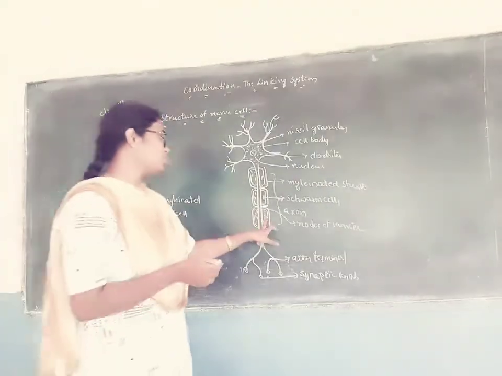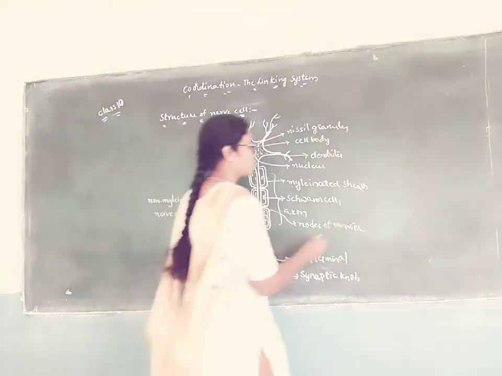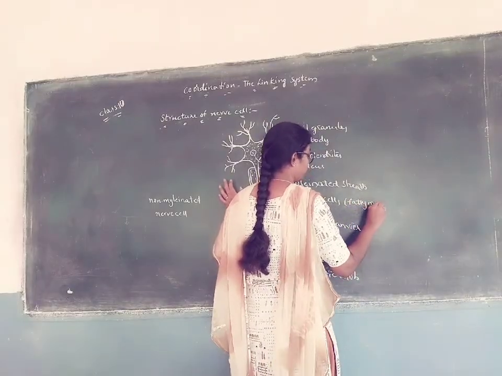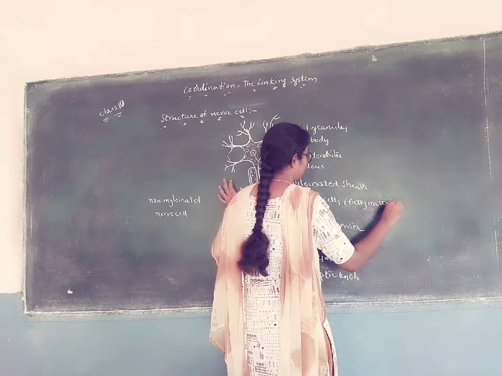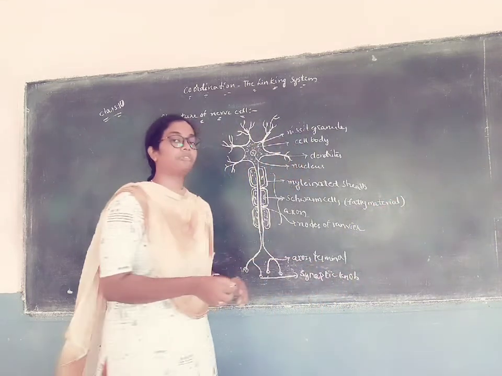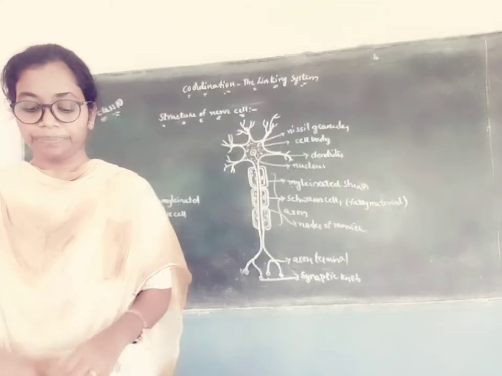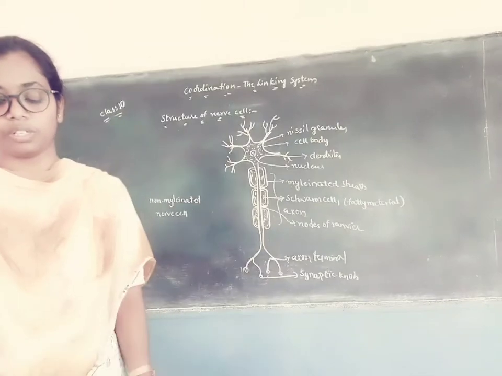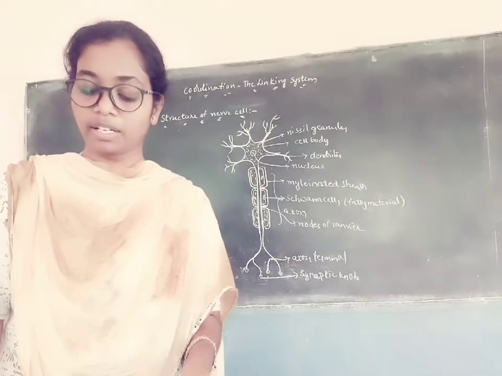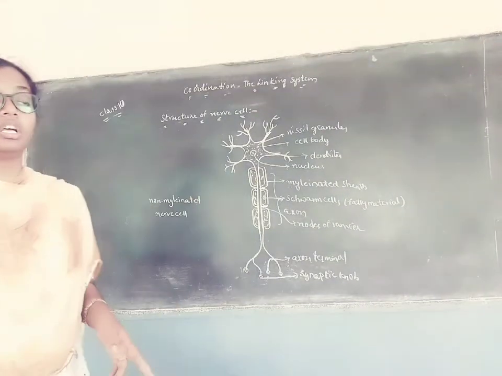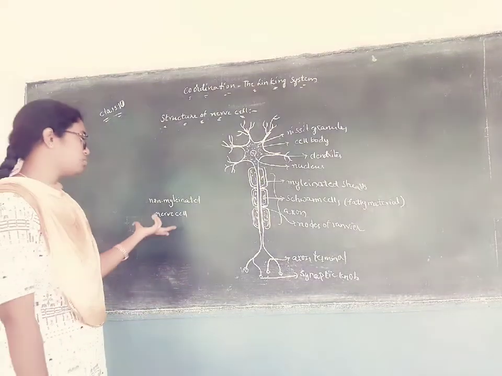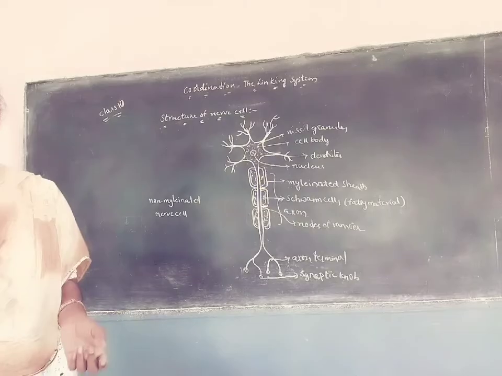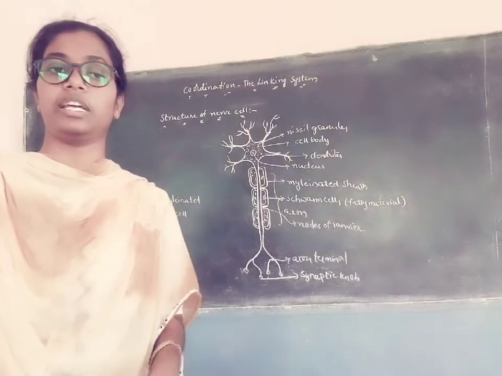So the Schwann cells store fatty substances. Axons not having a sheath are called non-myelinated axons. As I told before, those which do not contain a myelinated sheath are considered non-myelinated fibers.